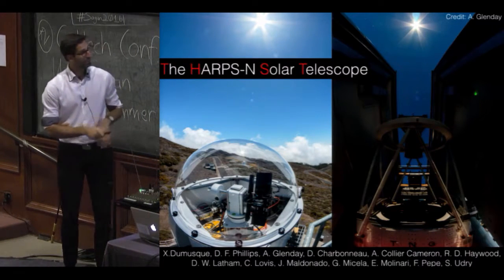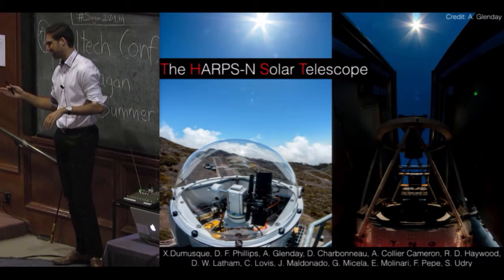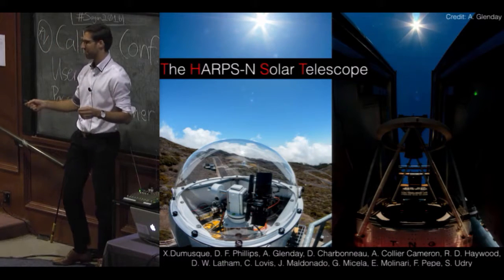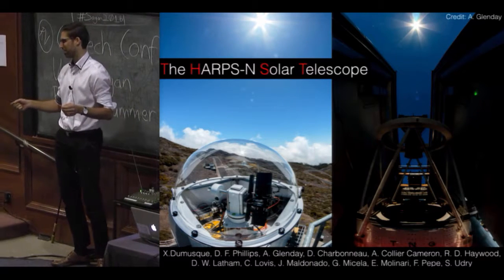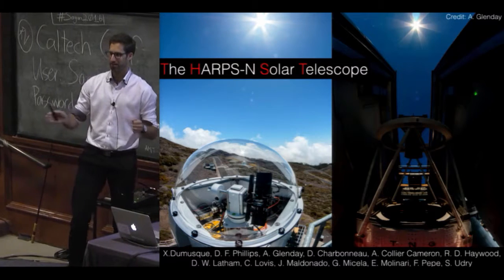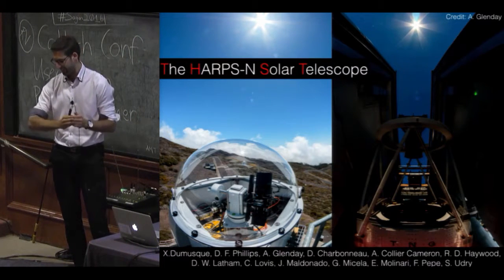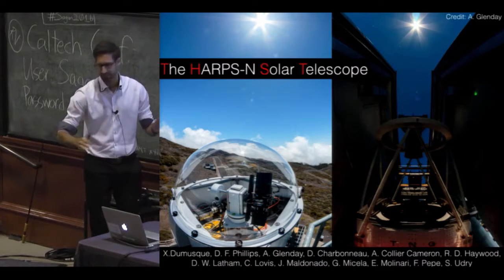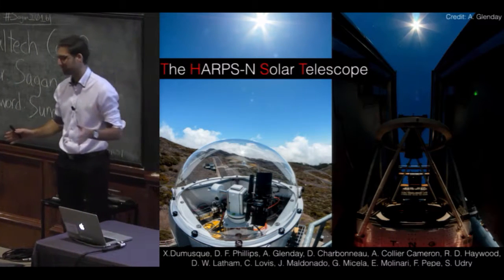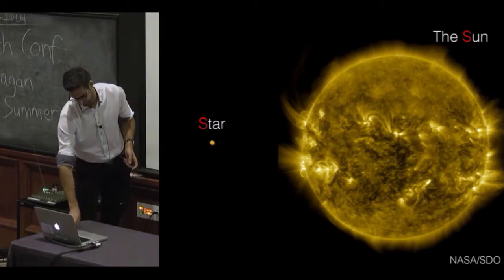So we built a small solar telescope to observe the sun every possible day. The light of this telescope is fed to the HARPS-N spectrograph. So we can get measurements of the sun for 5 to 6 hours every day with a cadence of 5 minutes, all year long. And no one uses HARPS-N during the day, so we have full daytime.